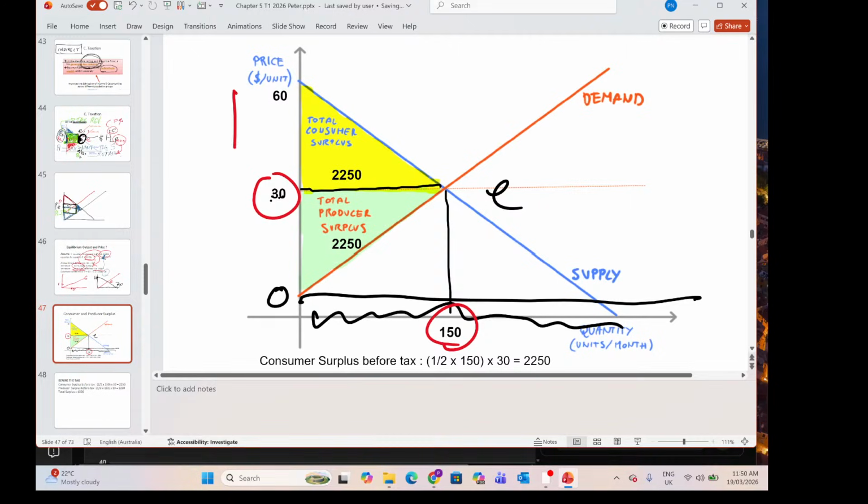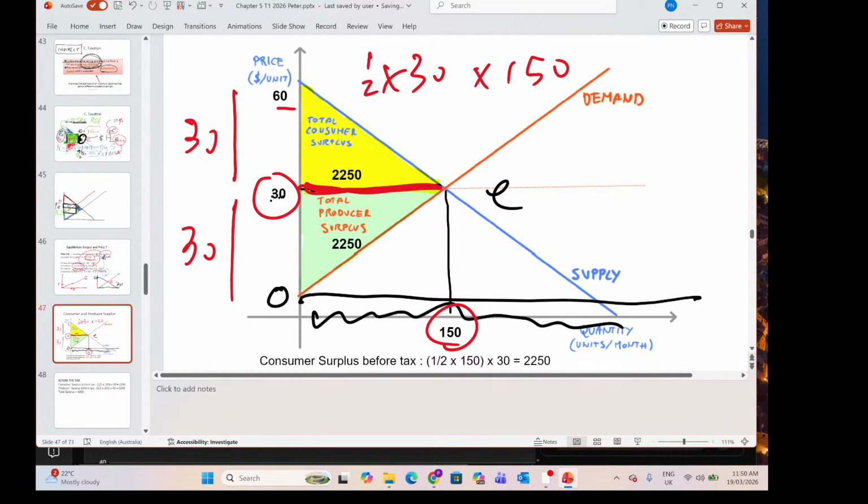If I look at the vertical distance between 60 and 30, I've got a vertical distance of 30 there. We have a vertical distance of 30 here. We have a horizontal distance of 150. So the consumer surplus is half times 30 multiplied by 150, and we get 2250.